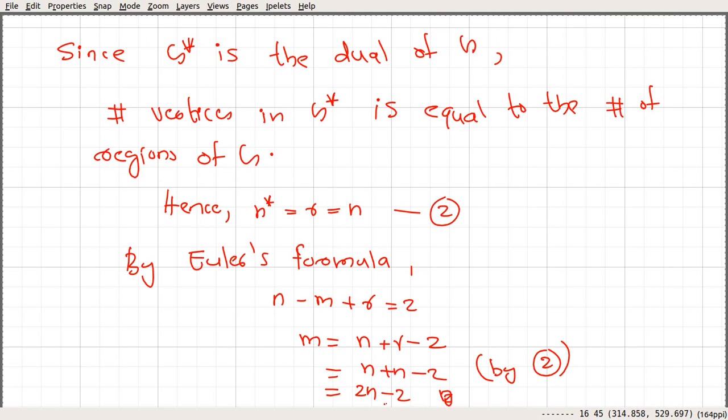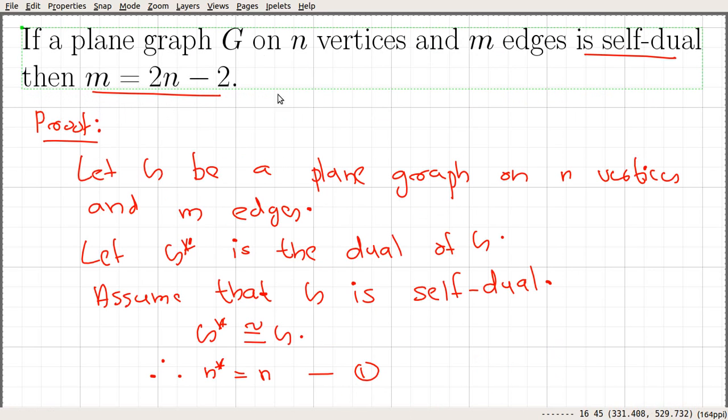And that's what we wanted to prove. So if a plane graph G on n vertices and m edges is self-dual, then m is exactly equal to 2n minus 2.